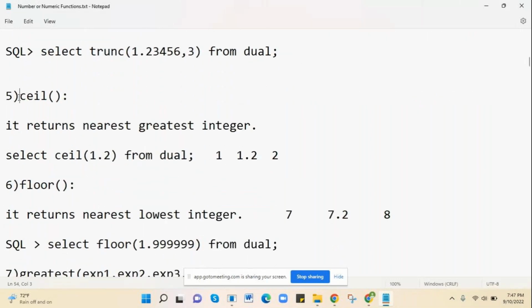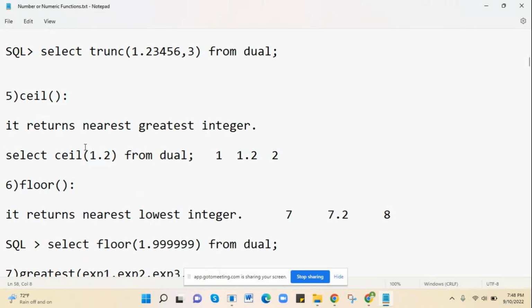నెక్స్ట్ వచ్చేసి సీల్. మన ఇంట్లో సీల్ ఉంటుంది కదా టాప్, అలా అన్నట్టు. నెక్స్ట్ వచ్చేసి ఫ్లోర్. సో ఇట్ ఈస్ బిట్వీన్ సీల్ అండ్ ఫ్లోర్. ఫర్ ఎగ్జాంపుల్ 1.2, 1.2 is nearer to 1 and 2. Seal means it is a seal always. It is floor and this one is seal.